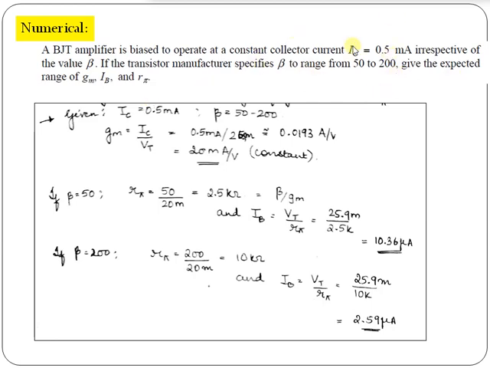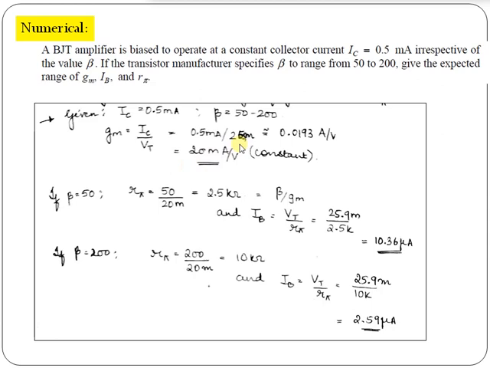So whatever we have understood in the transistor fundamentals is very useful here. IC is 0.5 milliamps, beta ranges from 50 to 200, and we need to compute IB, GM and R pi. First we will compute GM, that is transconductance, which is IC by VT.